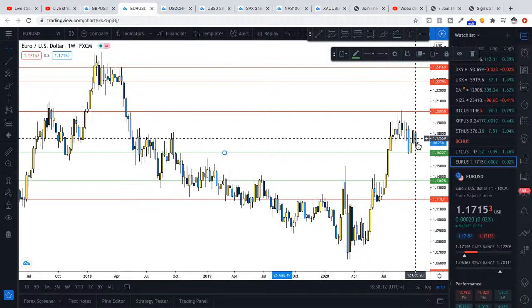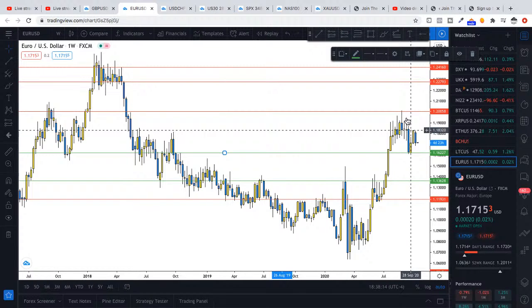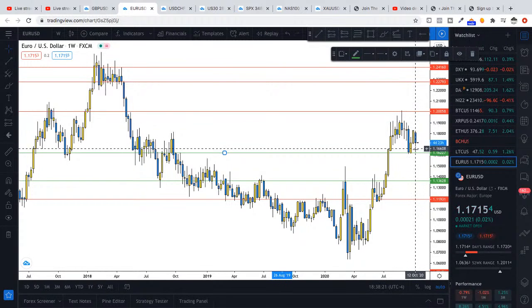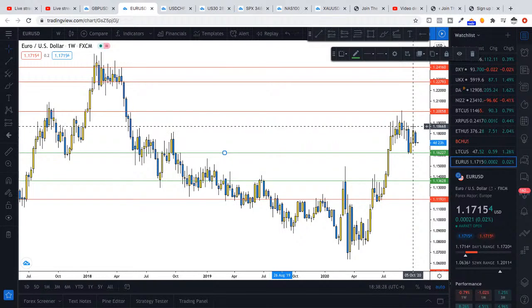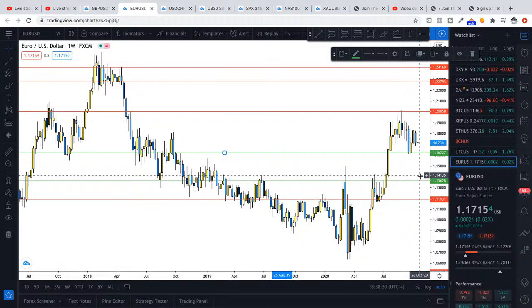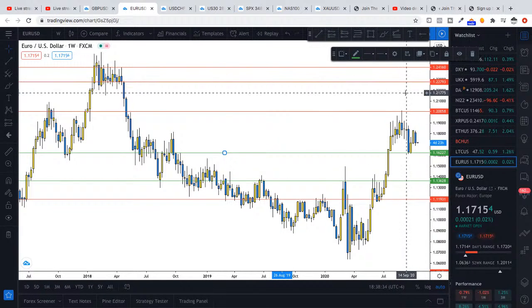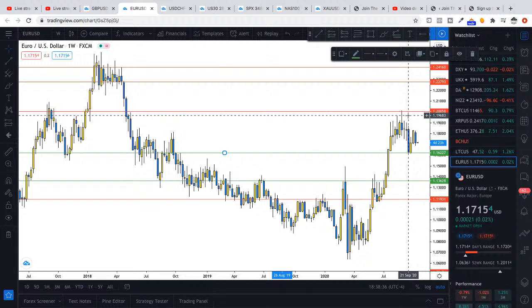At this point, we see that price just came from this monthly zone where it rejected, headed down, and rejected off of this weekly zone. Now, is it inclined to break through that weekly zone and head down here, or are we going to attack those highs?